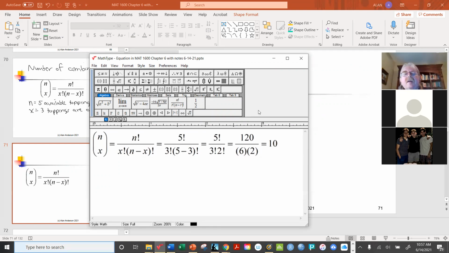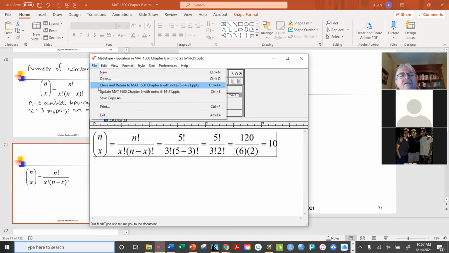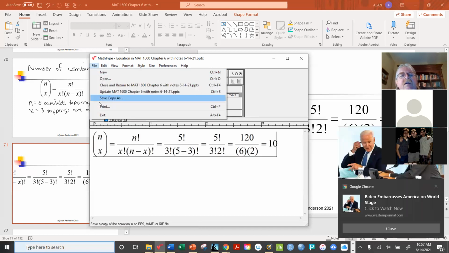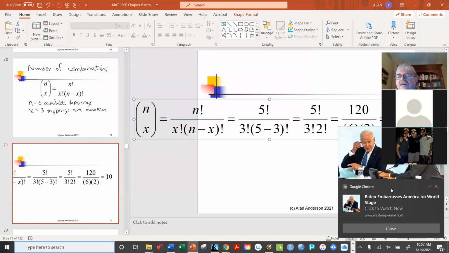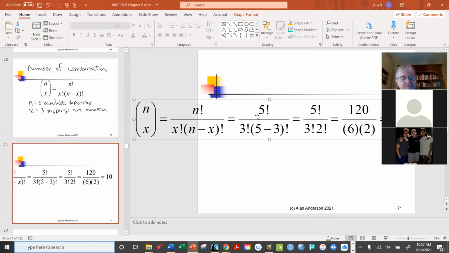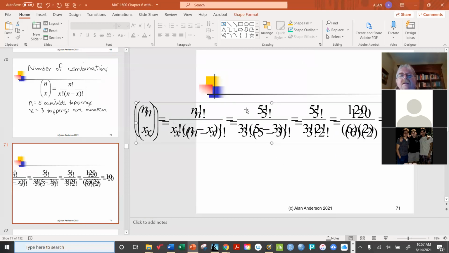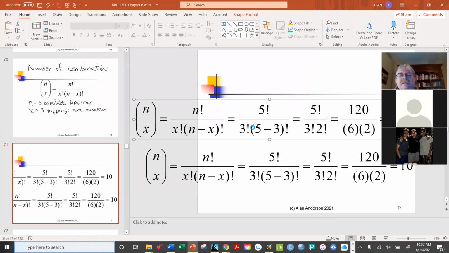Okay, then when I made that list, I must have overlooked something because I only got 6. This is the right formula. Oh boy, let's go back and look.